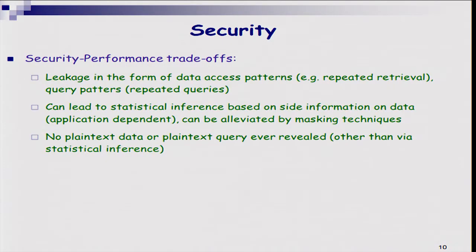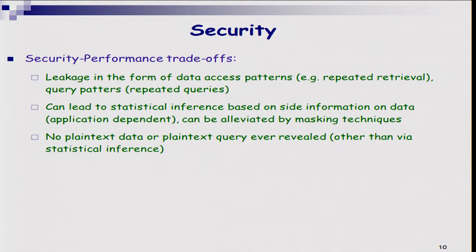But anyway, the idea is that you are not going to give any plaintext data or any plaintext queries, yet you are giving what we call data access patterns. For example, if 2 queries return the same document, the server learns. It doesn't learn what the document is, but it knows that there is a document there. Repeated queries, for example, in our case, if you do 2 exactly same queries, we actually send the same tokens to the server.